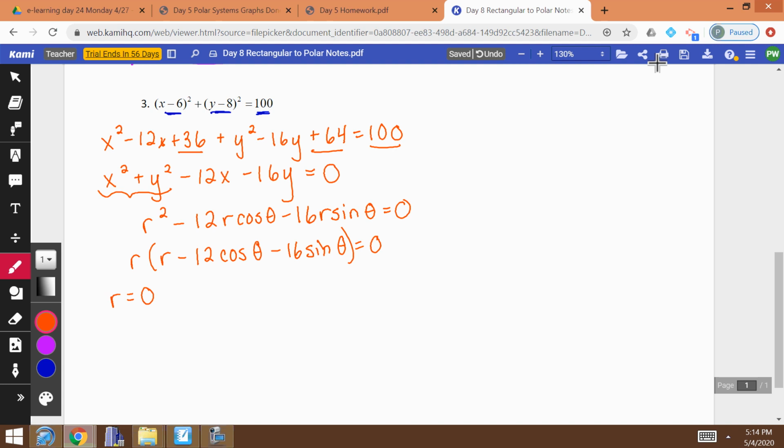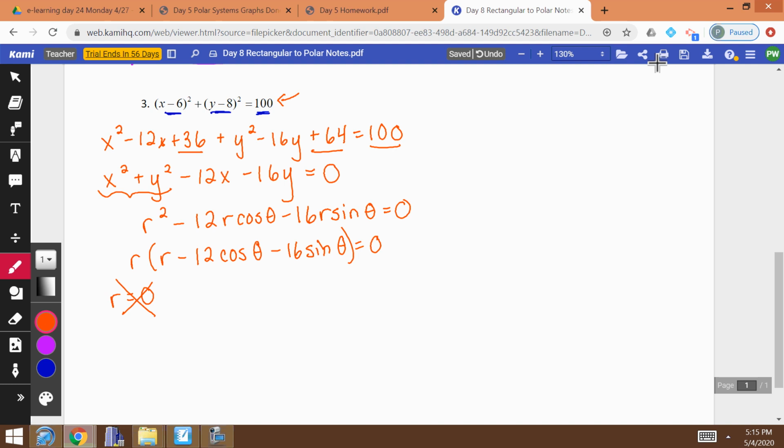If the radius is 0, it would just be a point at the pole. Is this equation just a point at the pole? No, right? We know that's a circle centered at (6, 8) with a radius of 10. So generally speaking, r equals 0 is not going to work. It's just an extra factor of r in there.